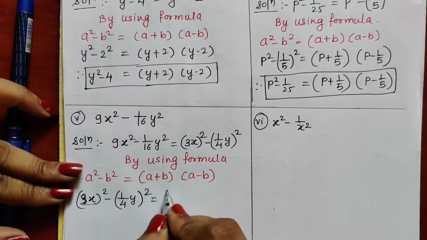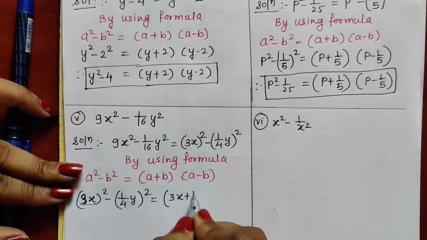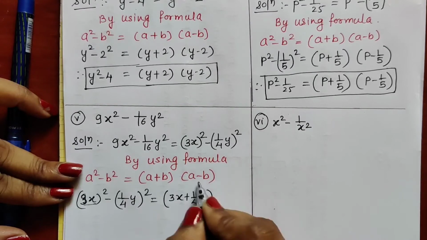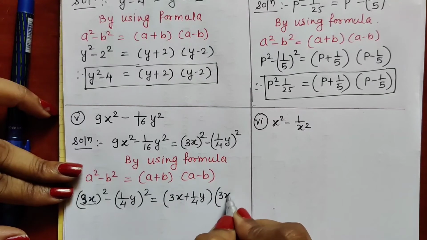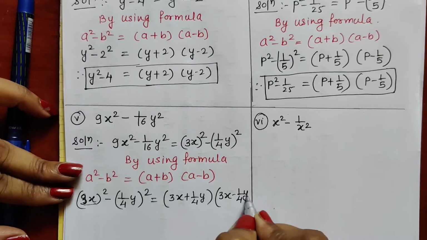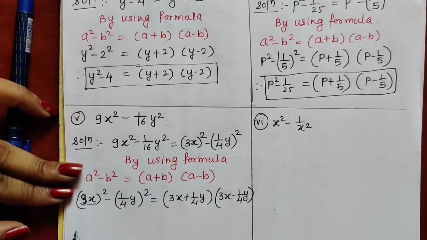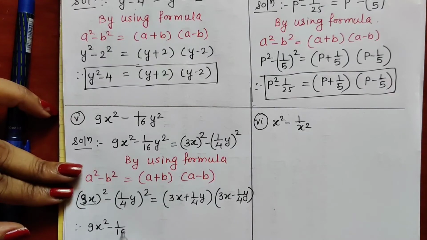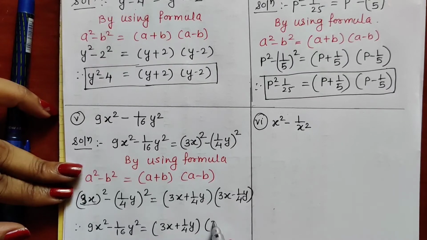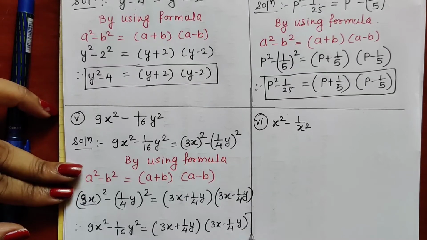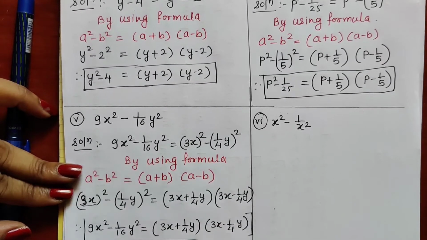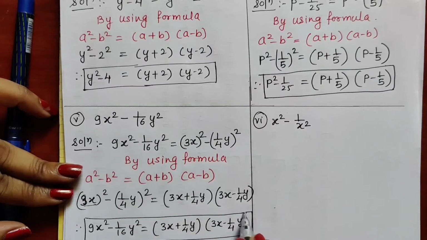So a plus b means 3x plus 1 upon 4 y and a minus b means 3x minus 1 upon 4 y. Check it properly, and therefore 9x square minus 1 upon 16 y square will be equal to (3x plus 1 upon 4 y)(3x minus 1 upon 4 y). Put the box to the answer.